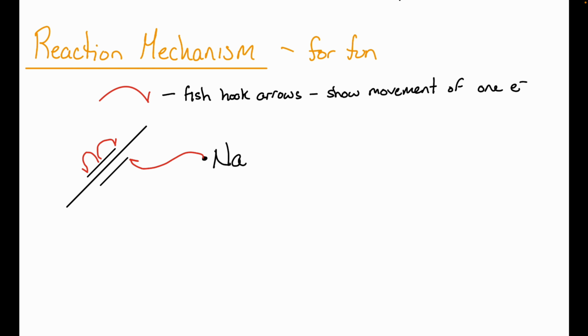Mostly every time that we've seen these arrows up until now, it's been showing the motion of a pair of electrons. This is now showing the motion of just a single electron. One from the sodium to this carbon atom, and then within this pi bond here, 1 electron goes one direction, the other electron goes the other direction.